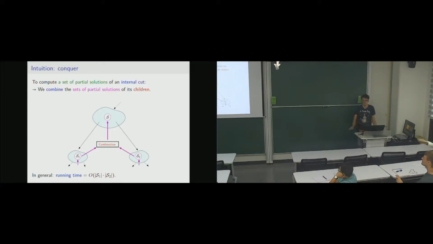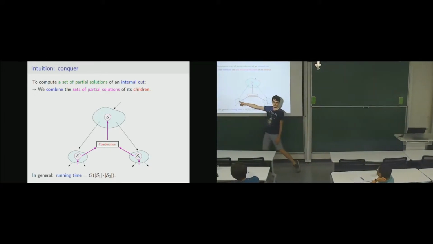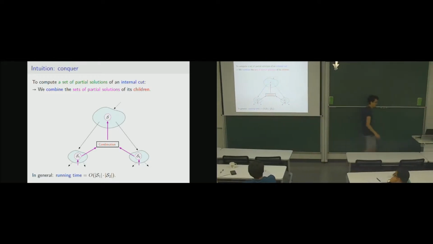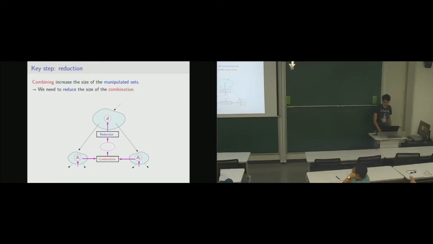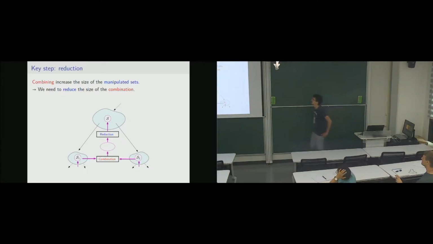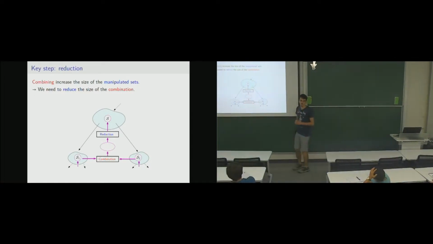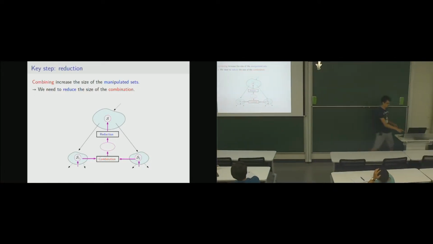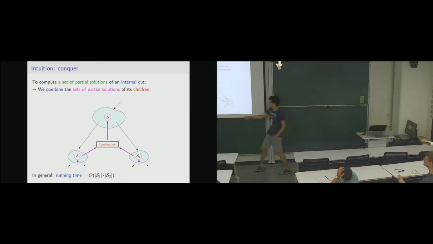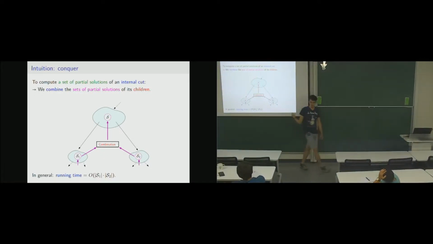In general, the running time of this step is the size of this set times the size of this set. And the final running time will be something like this times the number of cuts you have in your decomposition.